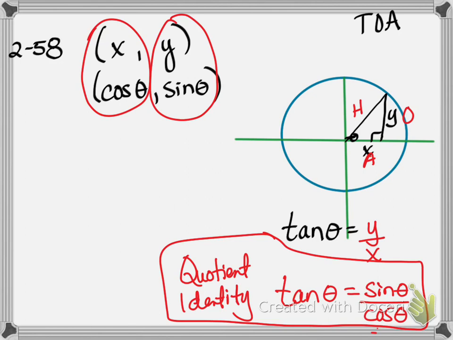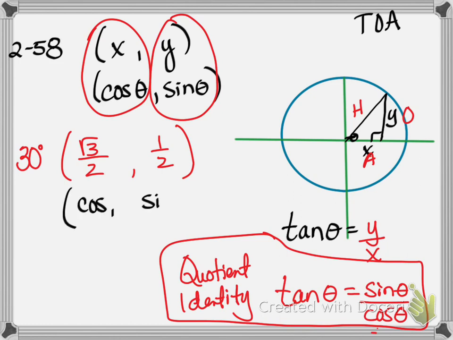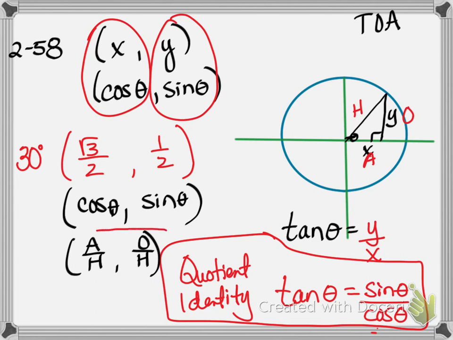I figure it out a different way. So if we think about the 30-degree angle, it was a sine of a half, and a cosine is square root of 3 over 2. I think through this way, if this is cosine and this is sine, well, cosine is CAH, and sine is SOH. And tangent is, watch this, TOA.